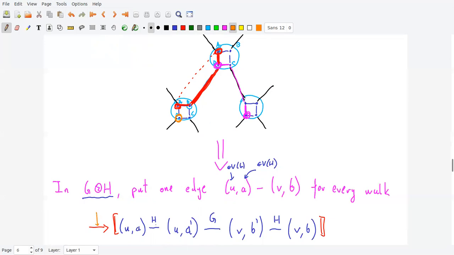First an edge of H, then an edge originating from G, and then an edge of H. I need to first have D choices for choosing the edge in H. Then I have a unique choice of the edge originating from G that comes from this vertex. And then I have, again, D choices for choosing the last edge of H. So in all, I have here D choices, here only one choice, and here D choices again. Is it clear now?